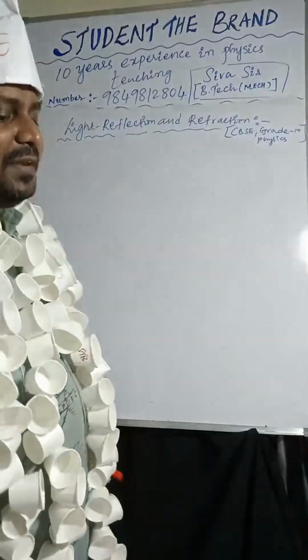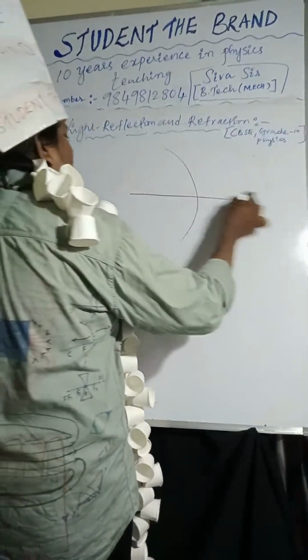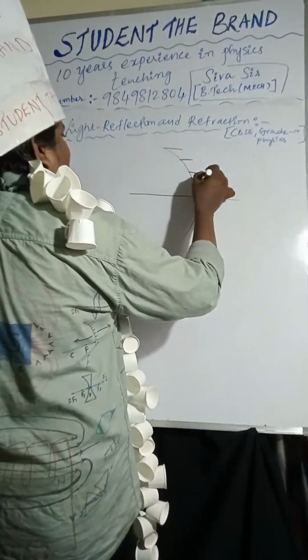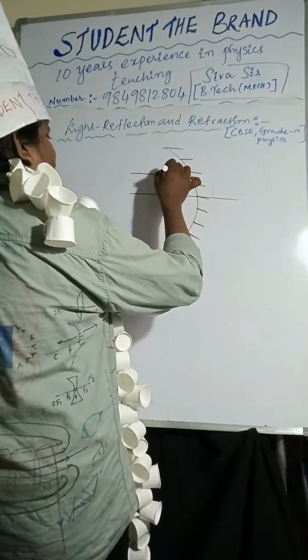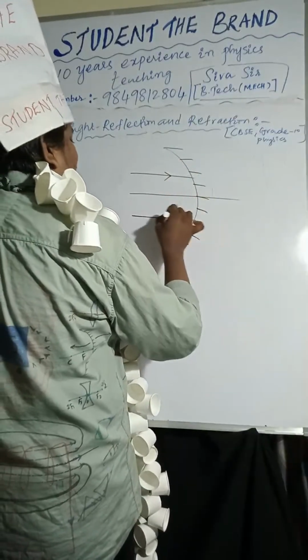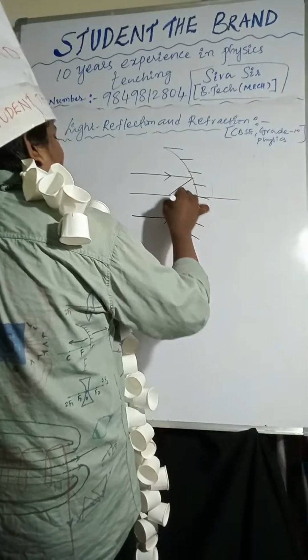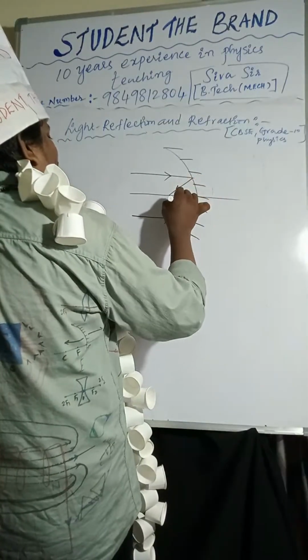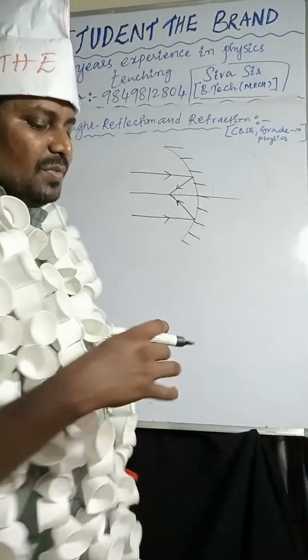When the reflection of light takes place inward, it is known as a concave mirror.